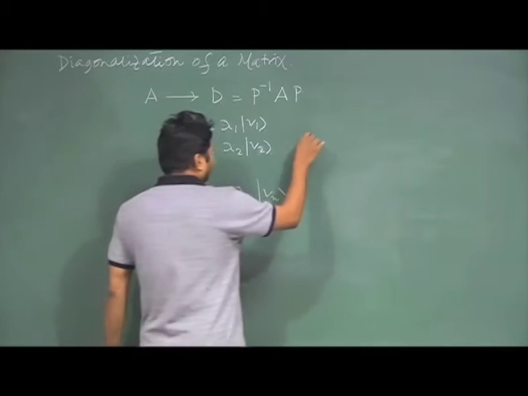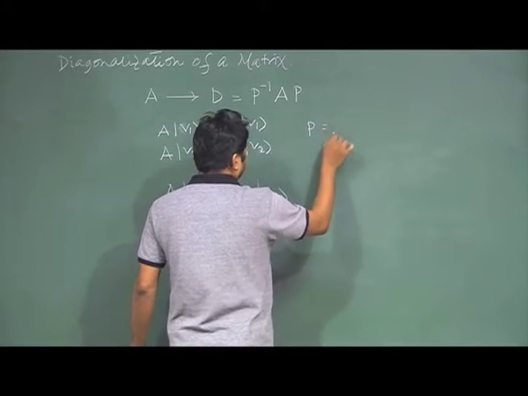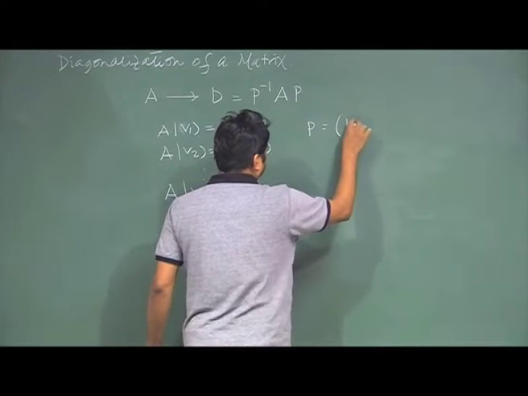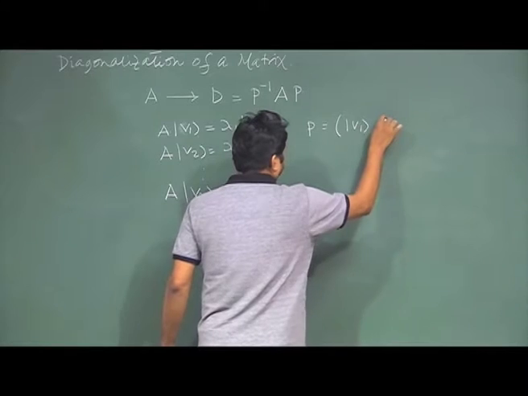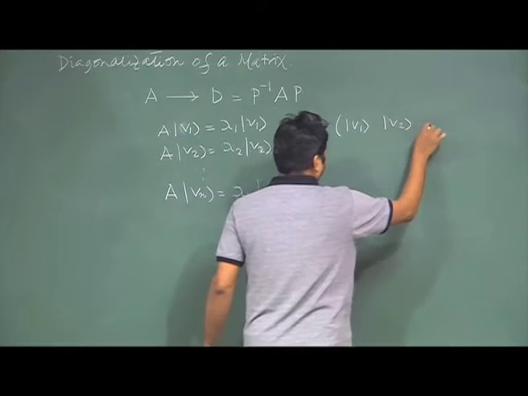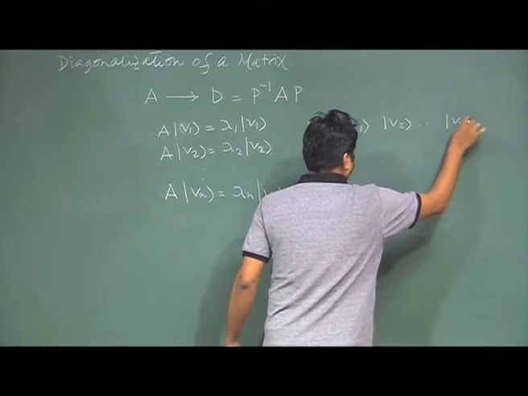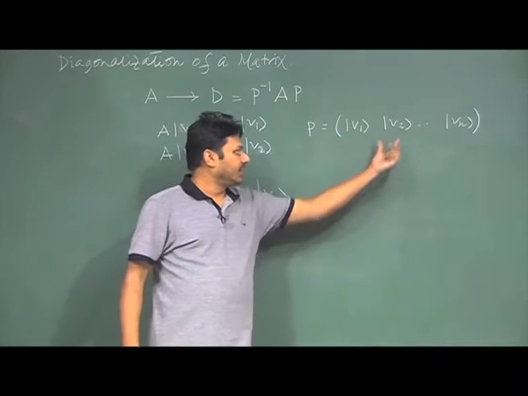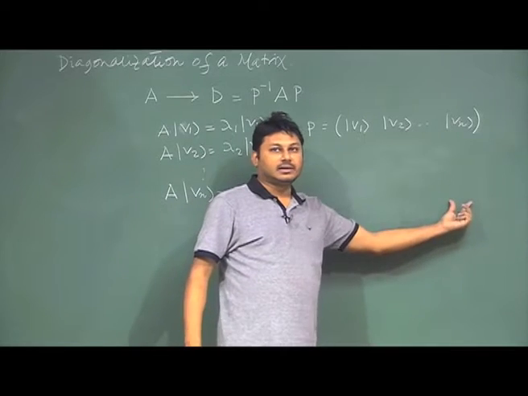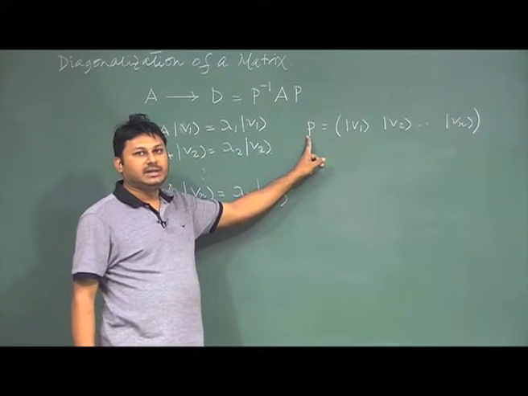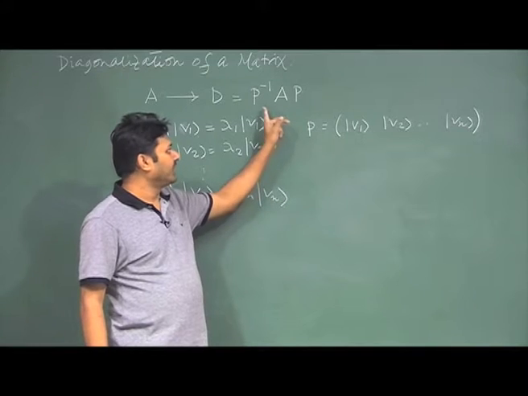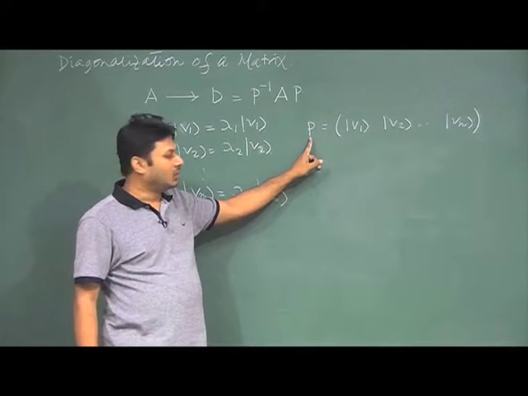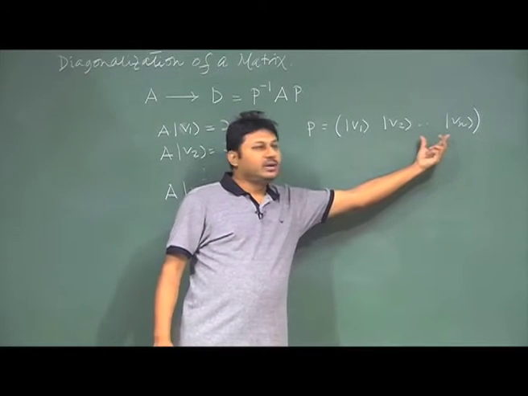If I form a P by putting these vectors as column vectors, then I can form a matrix P. This is the P which can diagonalize. So, I need to form a P made of the corresponding eigenvectors.